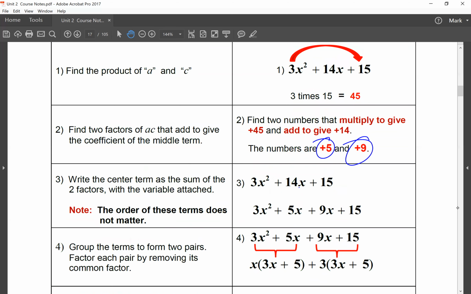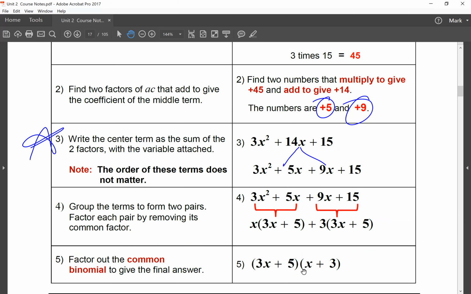So in step 3, I split that middle term. Basically what I'm doing is putting together what I showed you at the beginning of class and what I showed you 10 minutes ago. I'm going to split that middle term into two numbers, and then factor it by grouping, what I just did 5 minutes ago.